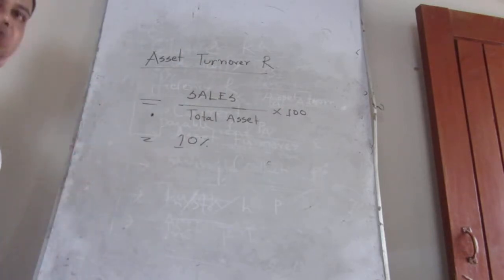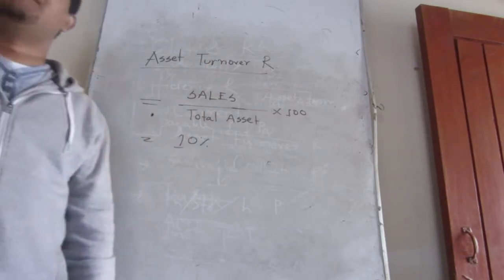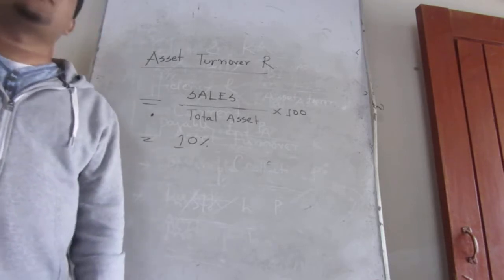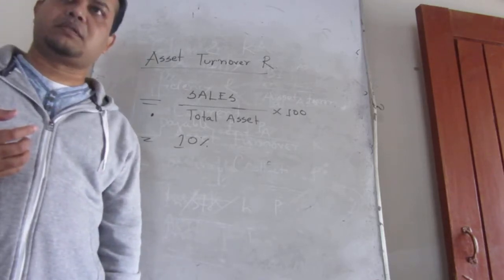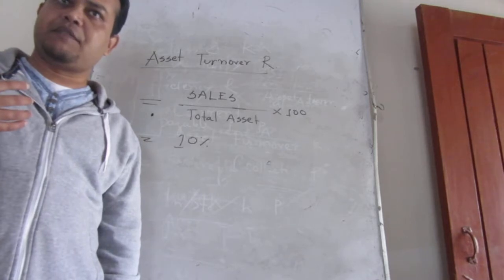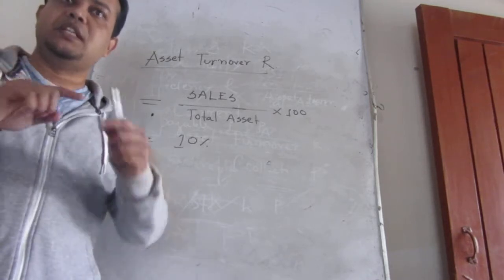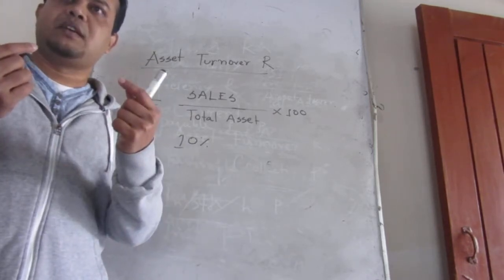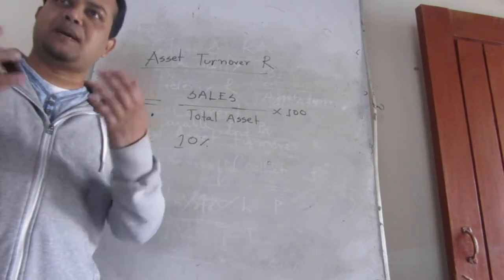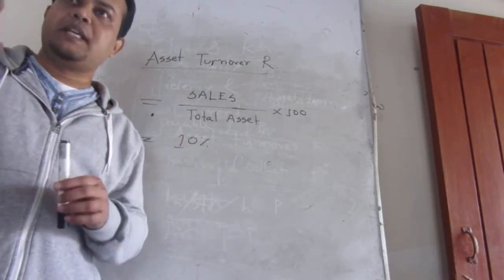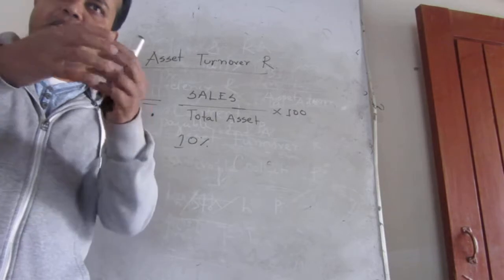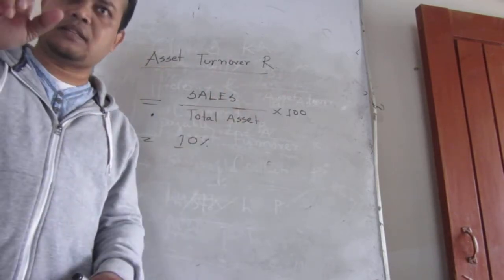So being business people, we need to make ourselves efficient. How can I make myself efficient? I can make myself efficient when I am efficient in using my asset. And this efficiency comes forward when by investing $100 I can generate more than $100, right?